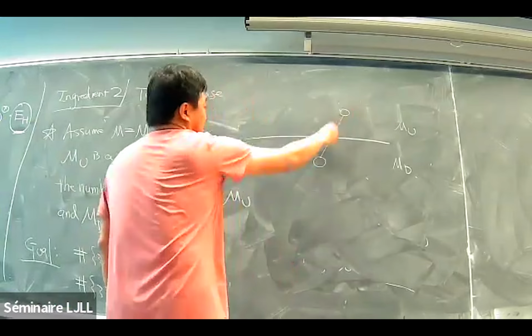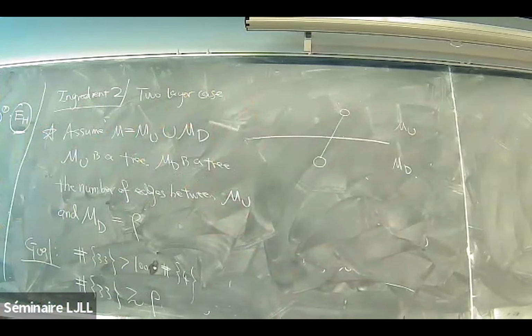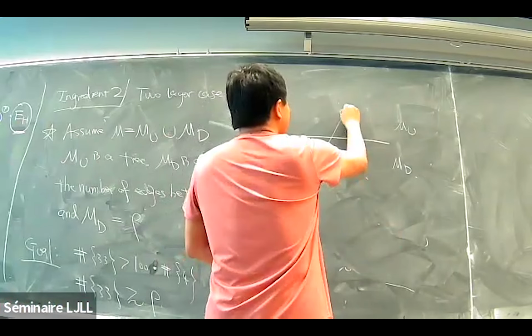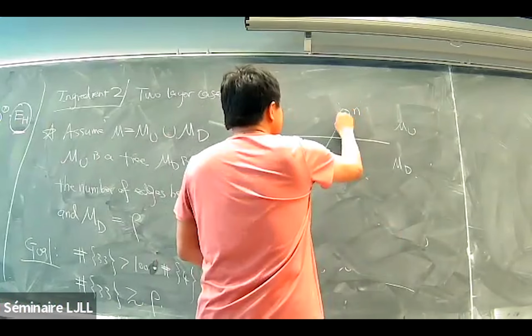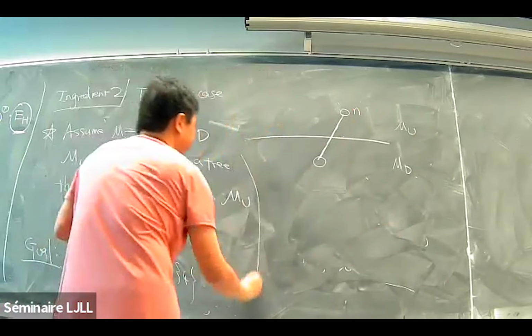So this you can think of as a crossing, or a UD connection. Consider the number of edges of this, and then consider this atom, let's call it N, whether it has one such connection or two such connections.